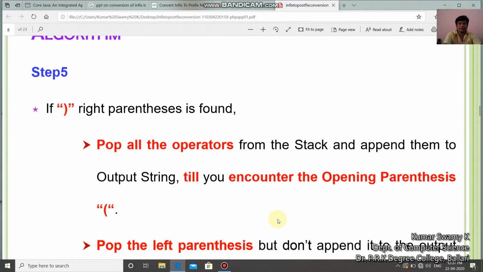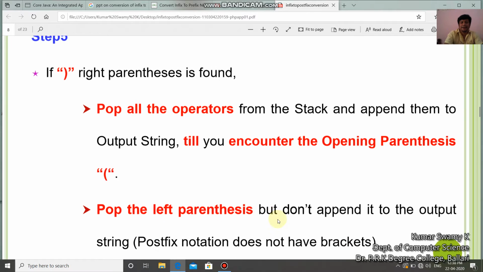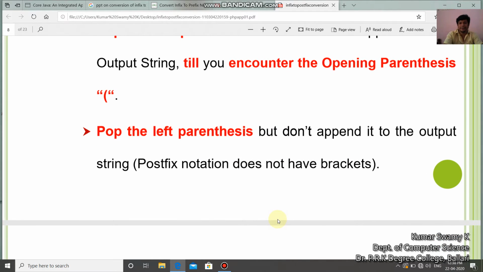Step 5: if a right parenthesis is encountered, pop all the operators from the stack and append them to the output string, that is the postfix expression, till you encounter the opening parenthesis. Next, pop the left parenthesis but do not append it to the output string or postfix notation.